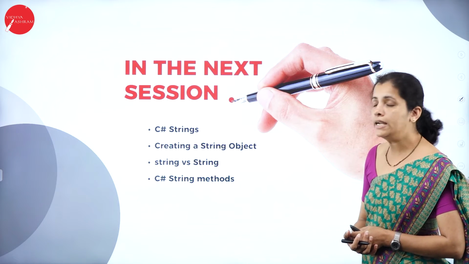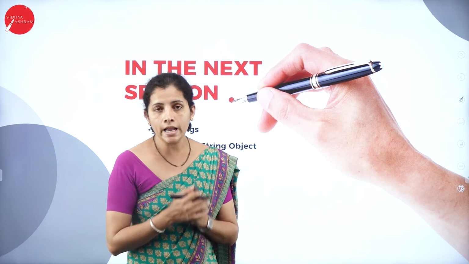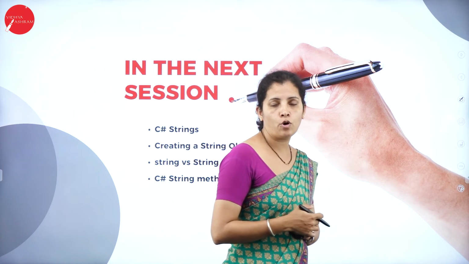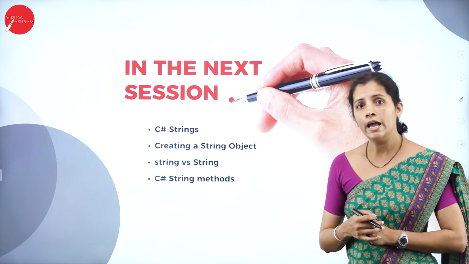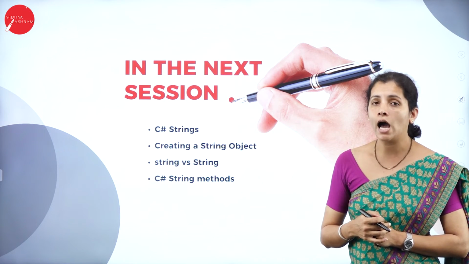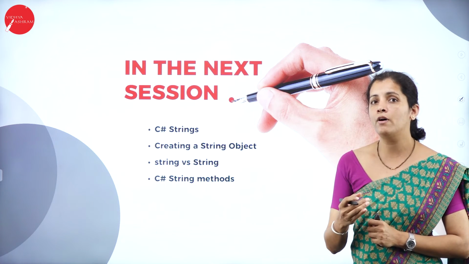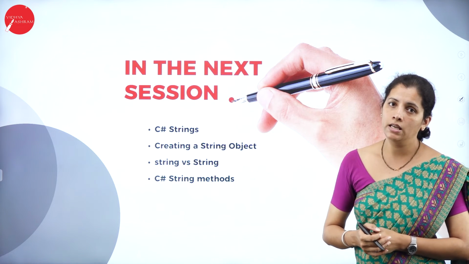So dear student, in today's class, I started with what is the array class. Along with that, I discussed some of the properties as well as methods of the array class. I also discussed what is array list, and covered some of the properties and methods of array list.